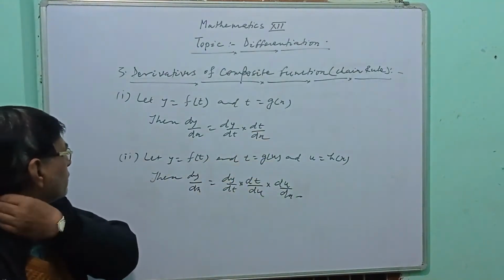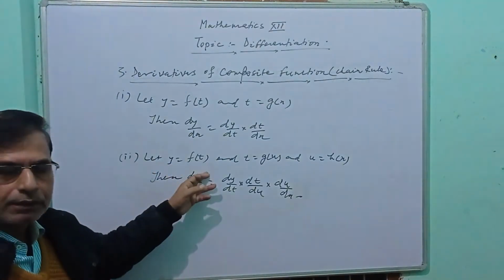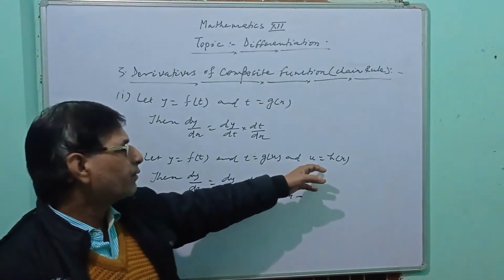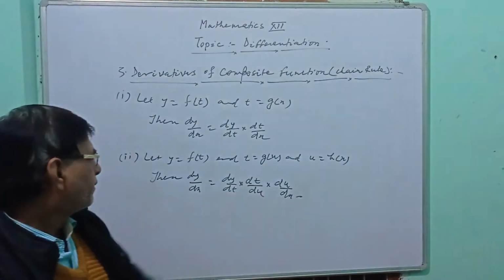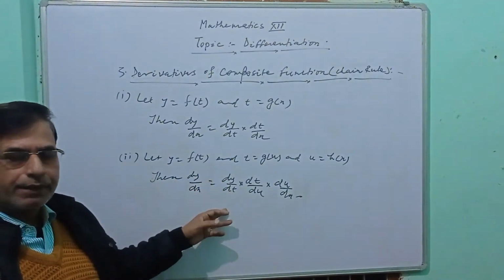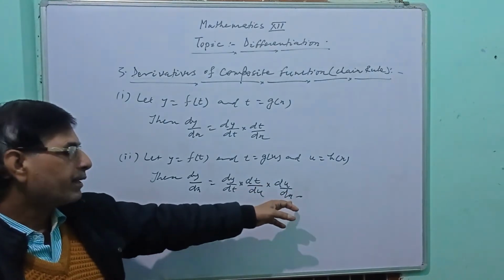And the second rule is that when y is a function of t and t is a function of u and u is a function of x, then dy by dx is equal to dy by dt into dt by du into du by dx.